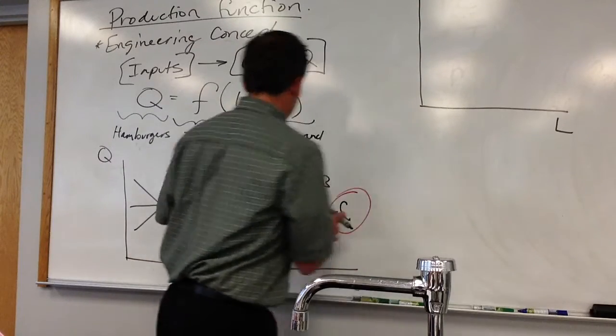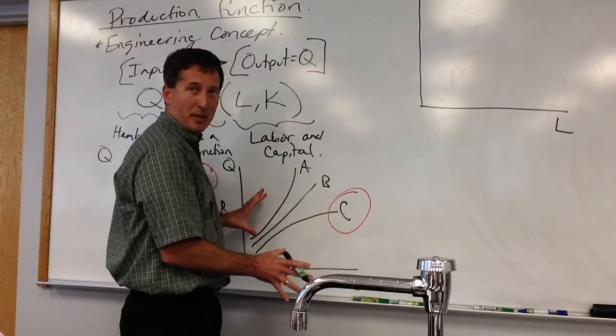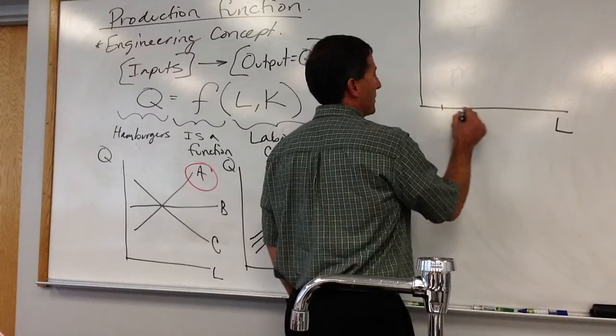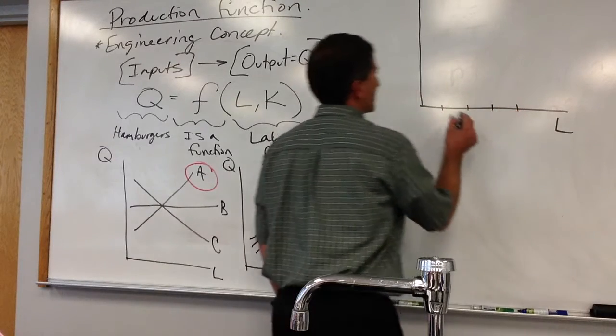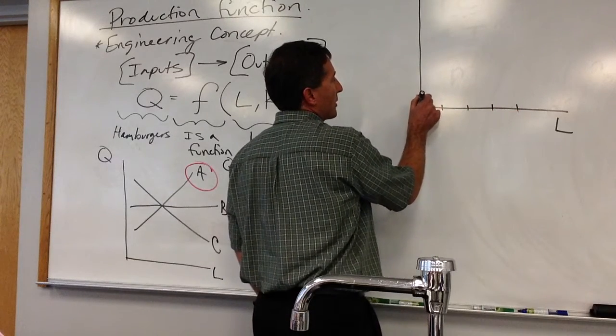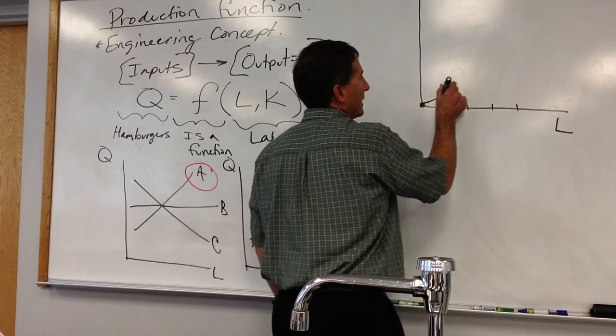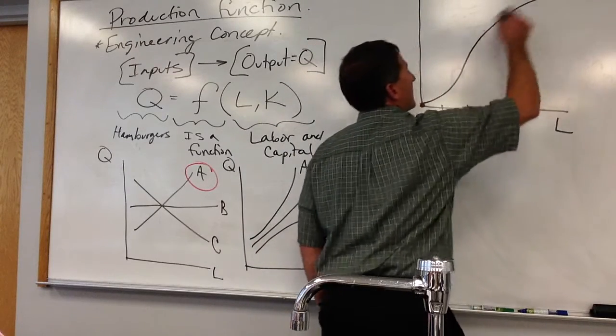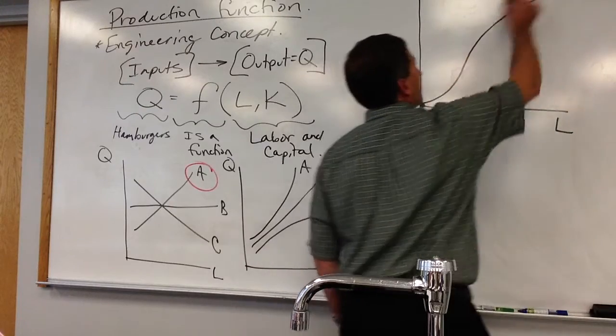In other words, it's possible to be a combination of A, B, and C, but they have to be in the right sequence. At 1 person, 2 person, 3 person, 4 person, maybe early on in the production process, we are able to get increasing returns, but eventually we get a total product curve.